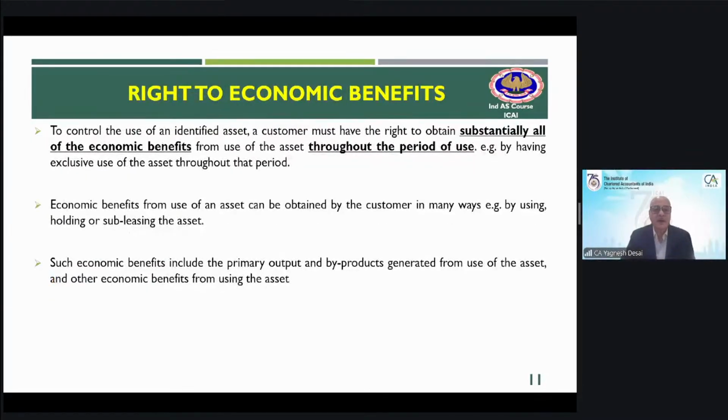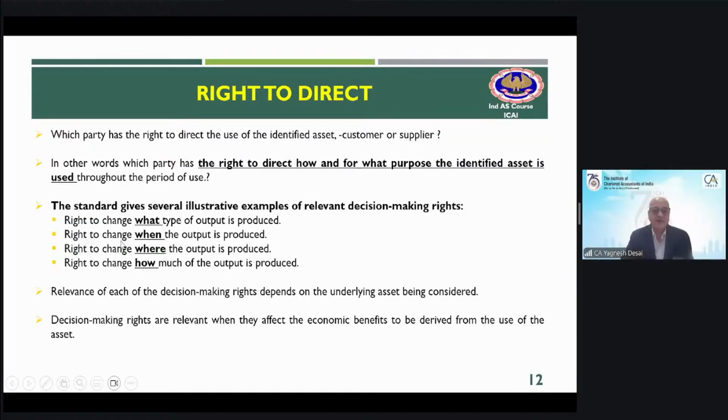The right to economic benefit means substantially all the economic benefits, the prerogative, privilege to use it, exploit it in the best possible manner, and throughout the period of use. Now here they say, which party has the right to direct the use of the identified asset, the customer or the supplier?